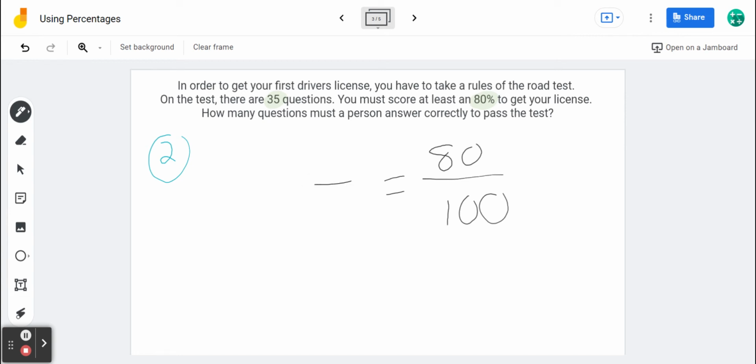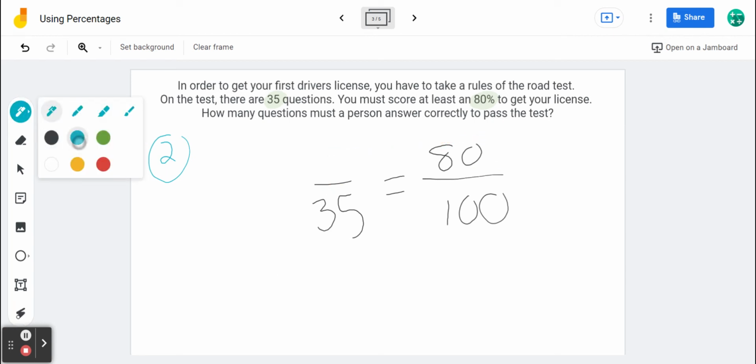What's 100% of the test? 100% would mean you get 35 questions right. So the 35 questions is the entire 100% of the test. We have to figure out how many questions is 80%. How many questions would be 80%?